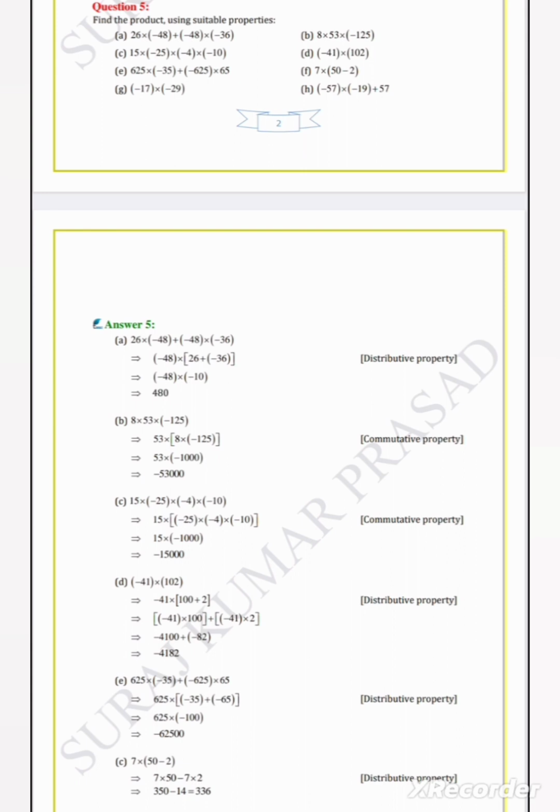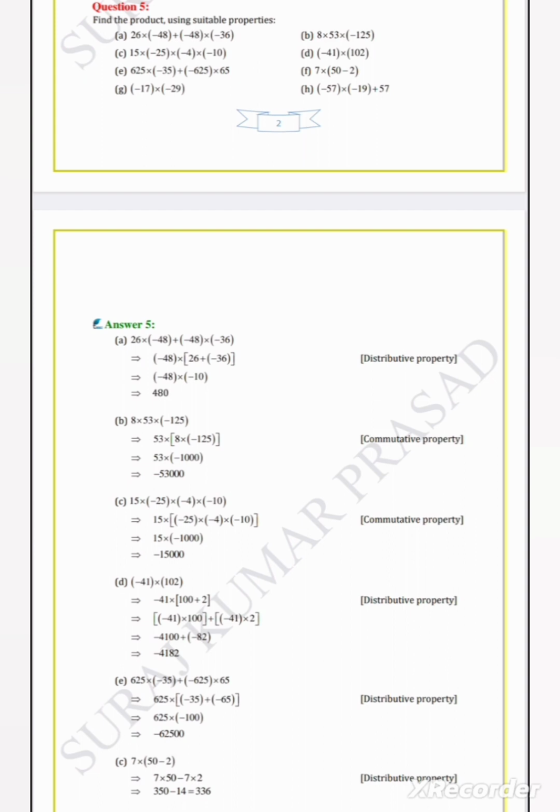Here minus 48 is repeated, so let minus 48 be common here. Minus 48 into 26 plus minus 36, as we know plus into minus gives minus, and 26 minus 36 is equal to minus 10, and then minus 48 into minus 10, minus into minus is plus, and 48 into 10 is 480.